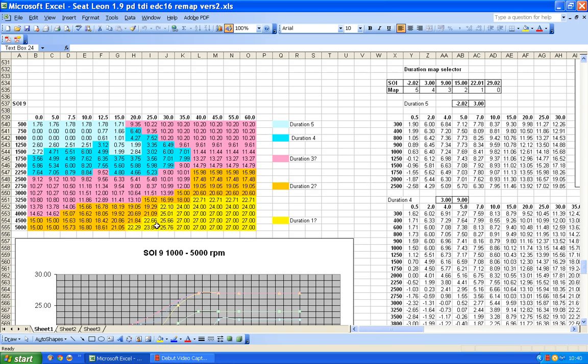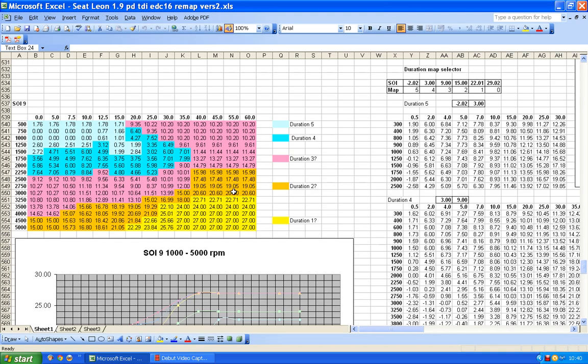And as we get to this end, which is the end that most tuning people would be interested in, we can see what start of injection is doing. It's plateauing out at roughly 24, 25.76, and then 27, 27, 27, 27, and so on.